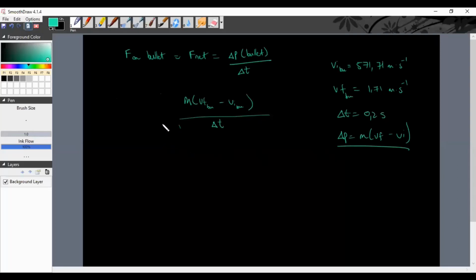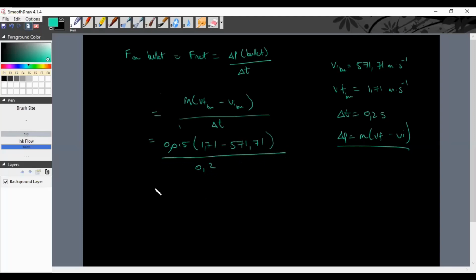I know that the mass of the bullet was 0.015, multiplied by 1.71 minus 571.71, all of that divided by 0.2.